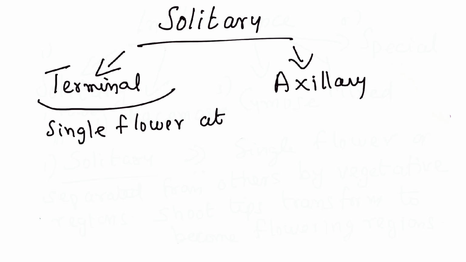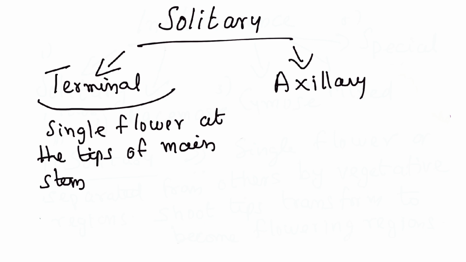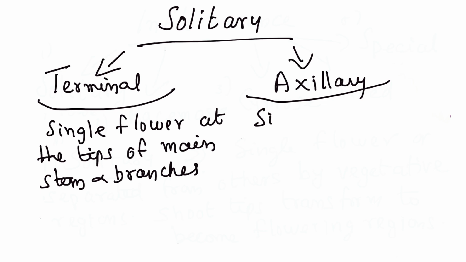In the case of axillary, the name itself indicates which part of the plant the flowers develop from: it's a single flower developing at the axils of leaves.